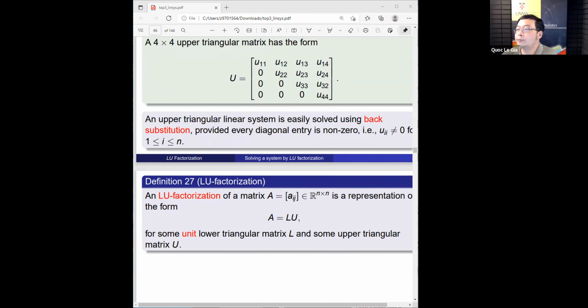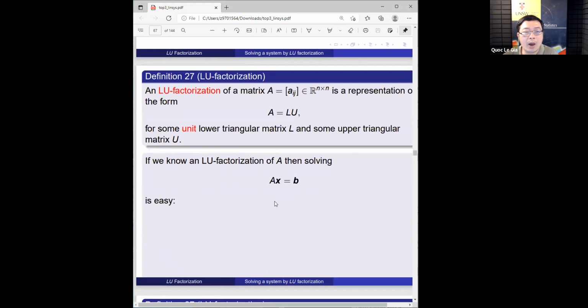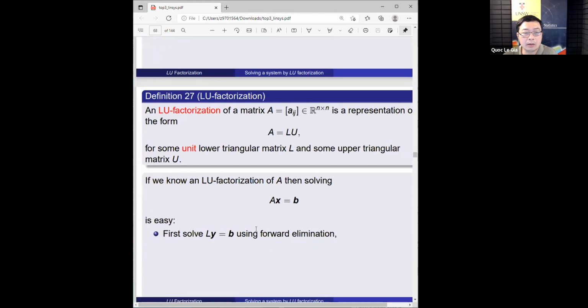So remember, we say that a matrix A can be written as a unit lower triangular matrix L times an upper triangular matrix U. Then we call this a LU factorization of the matrix A. If you have a LU factorization, then you can solve a linear system AX equal B in two steps.